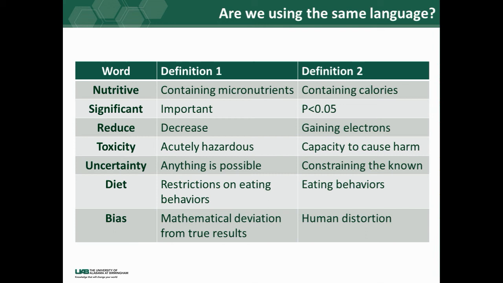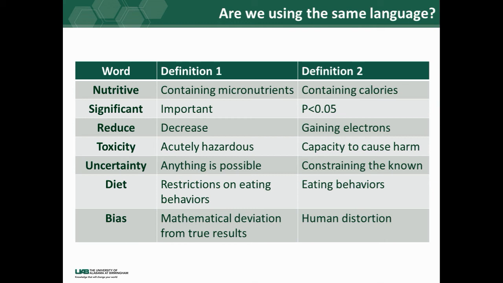So you'll hear things being described as not having nutritive value, and some people mean it doesn't have vitamins, etc. But there's also the idea of, for instance, nutritive sweeteners versus non-nutritive sweeteners, which is the idea of containing calories. So when we say something has no nutritional value, which of the two are we actually discussing?